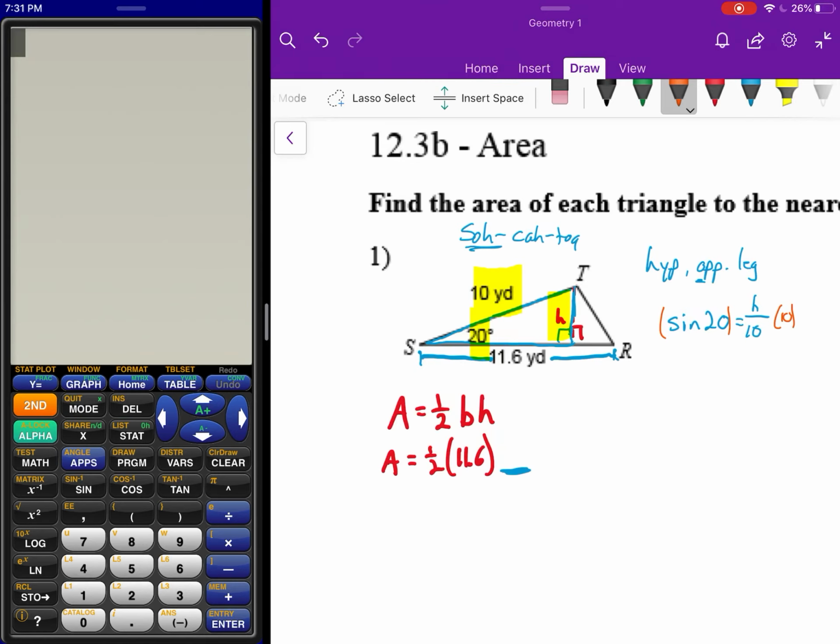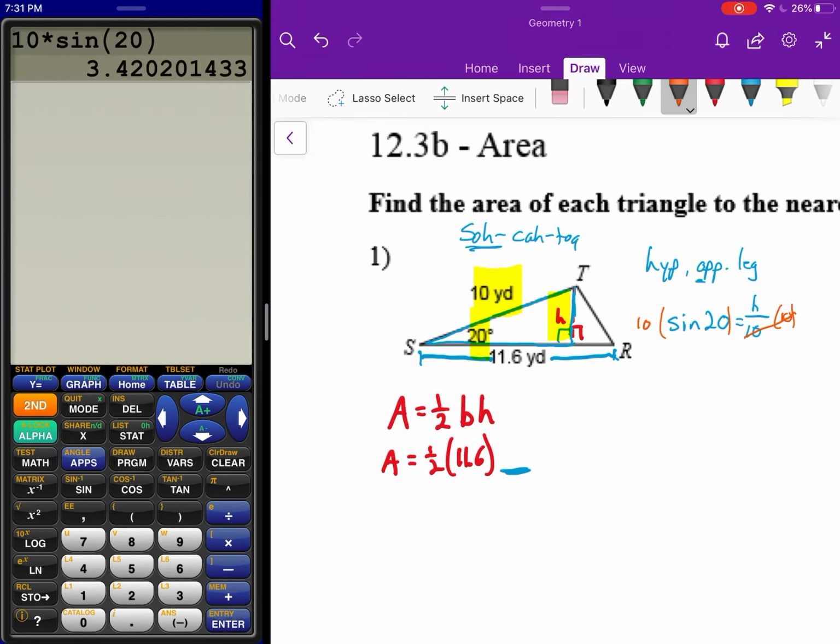As mentioned before, we can multiply both sides by 10. We actually don't have to find out what the sine of 20 is. We can just multiply both sides by 10 for this to cancel. If you are more comfortable with finding sine of 20 first and writing it in there, that's completely fine. But 10 times the sine of 20.